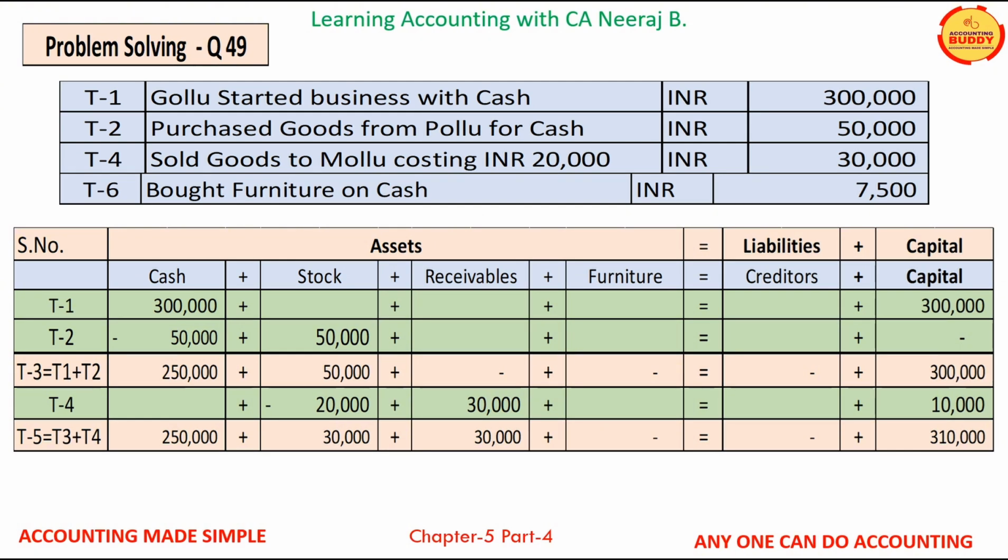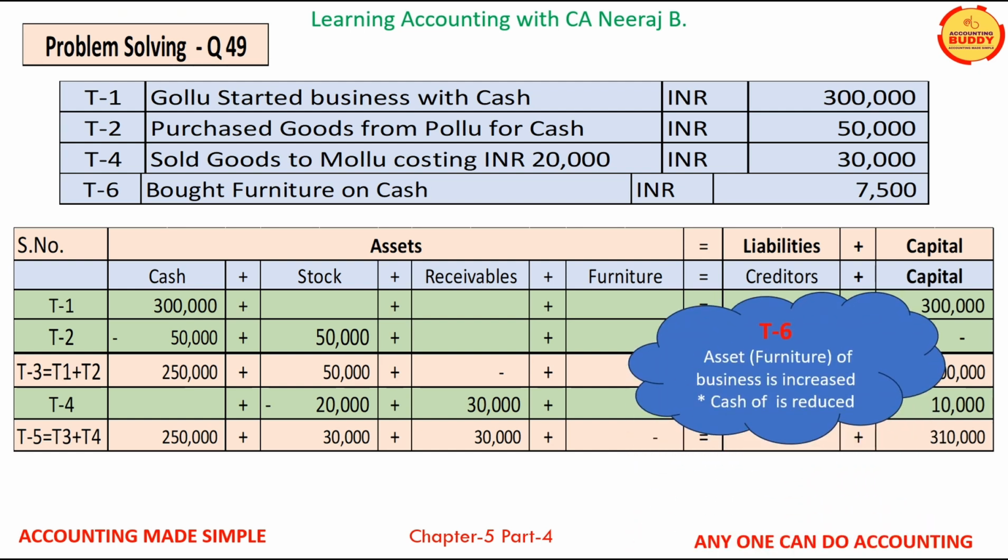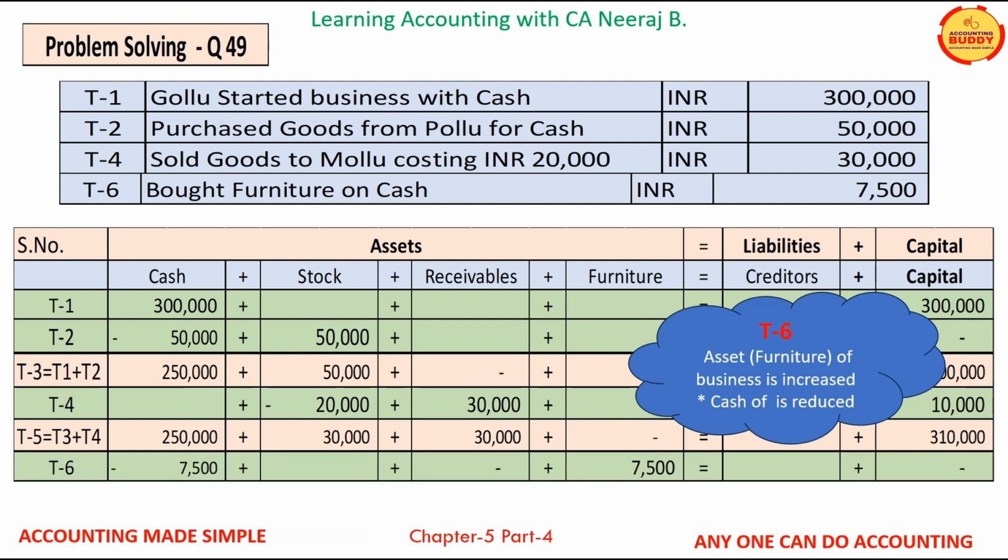Now let us analyze the T6 transaction related to the purchase of furniture worth 7,500 in cash. The effect of this transaction will be number 1 on assets as the furniture is purchased, and number 2 again on assets as the transaction is settled with cash. Therefore, furniture, which is an asset, will increase by 7,500 and cash, which is again an asset, will be reduced by 7,500.